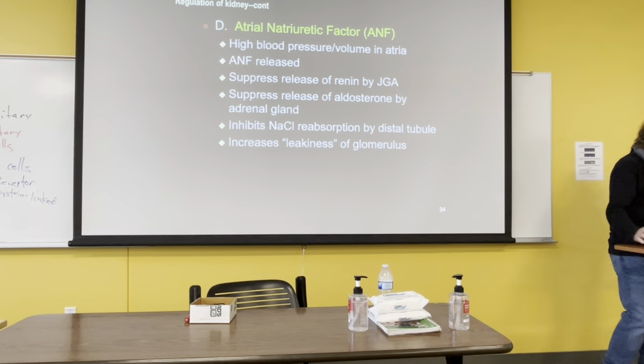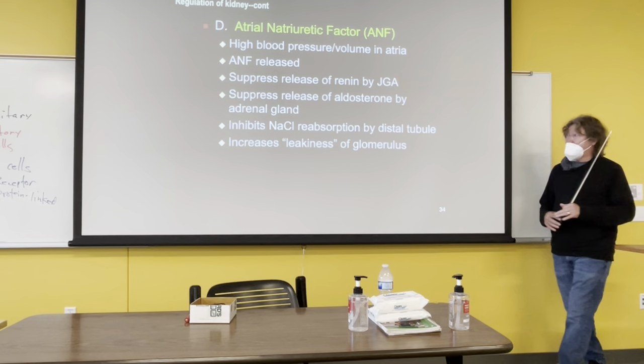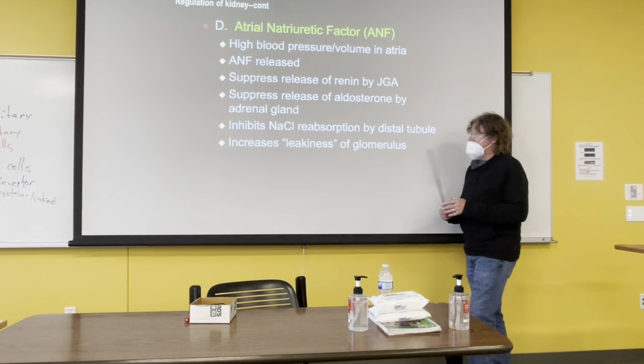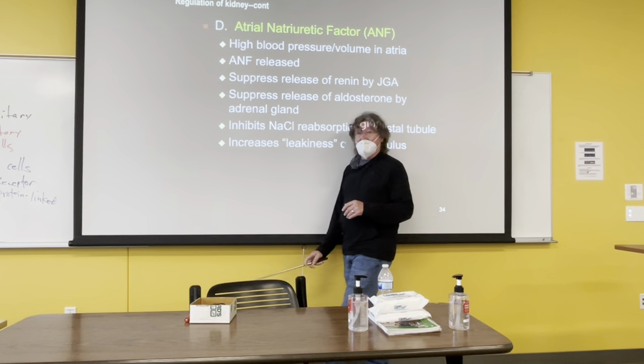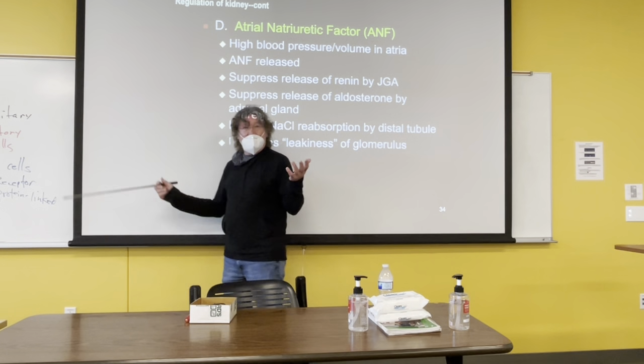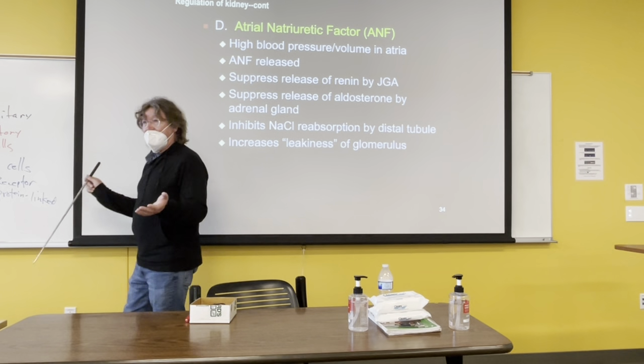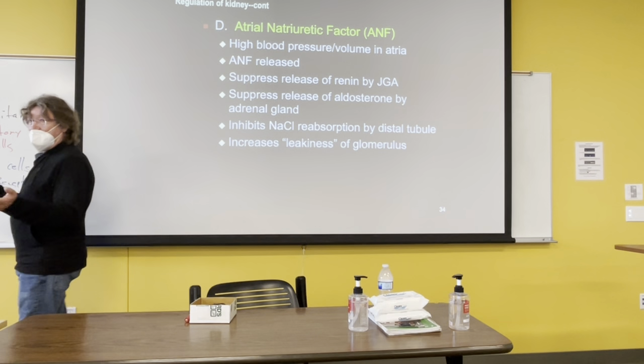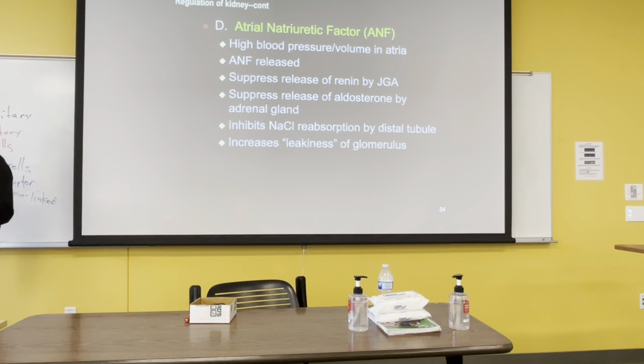And another target is the glomerulus. It is increasing the leakiness of the glomerulus. Now what's that going to do? What sense does that have? Why would that have any significance in having high blood pressure?